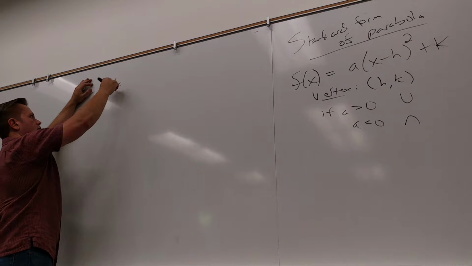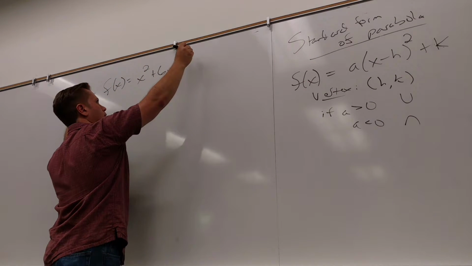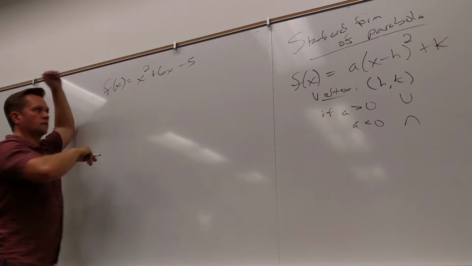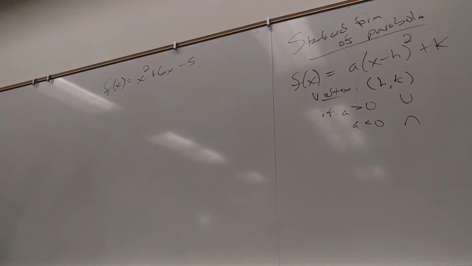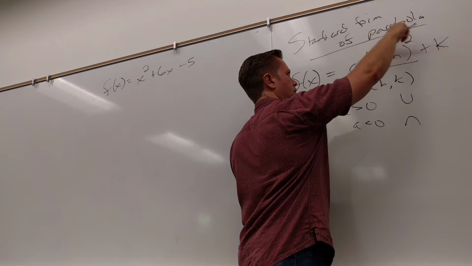So a couple things. Is this in standard form? Does that look like that? No. We have a process that we learned today that would help me put it in that form, because this is a square.